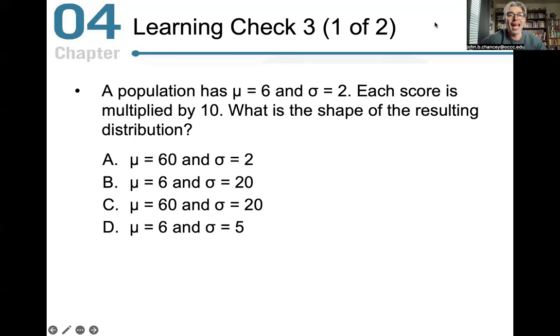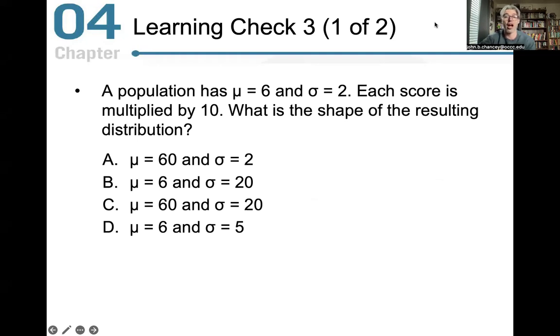A, a mean of 60 and a standard deviation of 2. B, mean of 6, standard deviation of 20. C, mean of 60, standard deviation of 20. D, mean of 6, standard deviation of 5. Pause the video when you think you've got an answer, come back, and we'll resume.